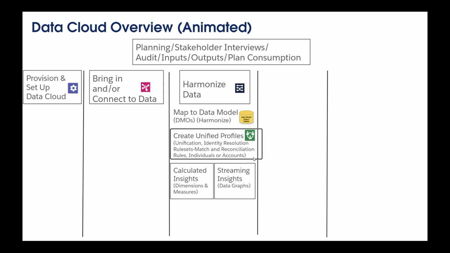And then the next thing we can do is calculated insights or streaming insights. So calculated insights can do complex calculations, and they have what are called dimensions and measures. If you're familiar with Salesforce reports, and you know that we can group rows, then the values that we group on, another way to call that is dimensions.